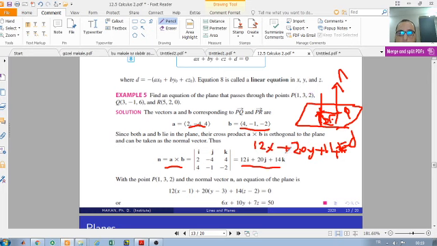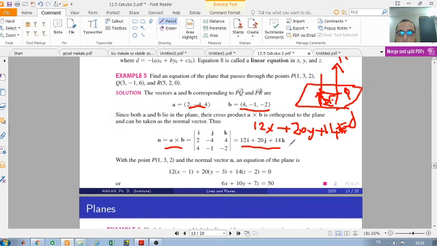For x we write 12, plus 20 times y, which is 3, so we have 60, plus 14 times z, we have 28, is equal to d. So 12 plus 60 is 72, plus 28 is 100, equal to d. Writing 100 here and dividing each term by 2, we get this one.